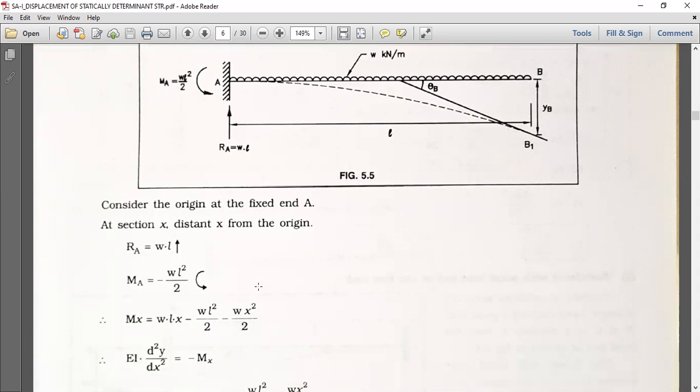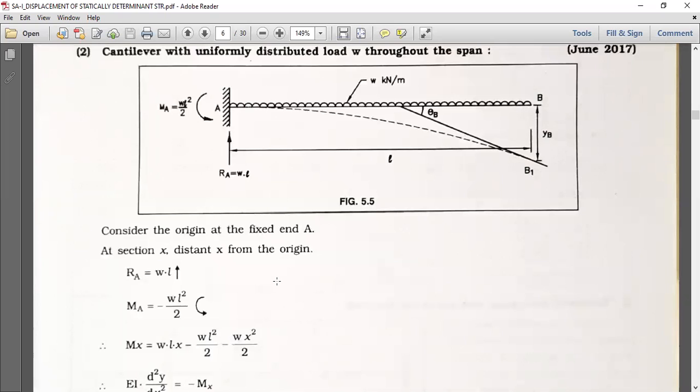Now MX, taking moment at distance X, is equal to RA into X minus MA, so W into L into X minus WL square by 2 plus WX square by 2.